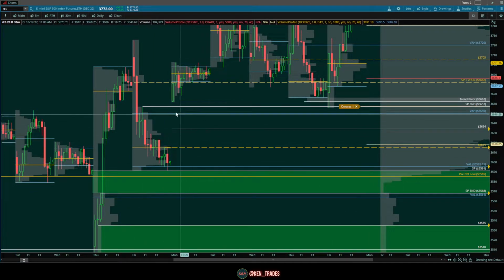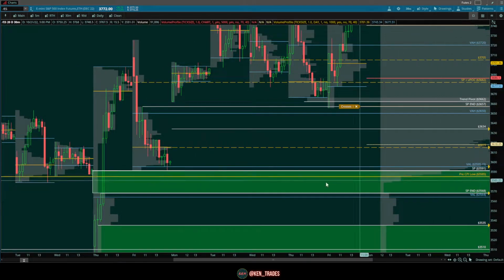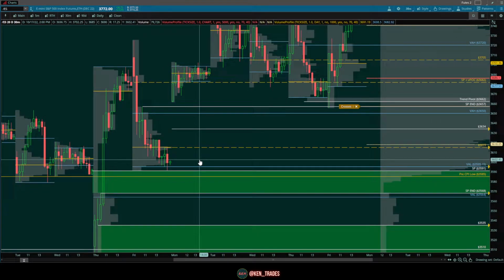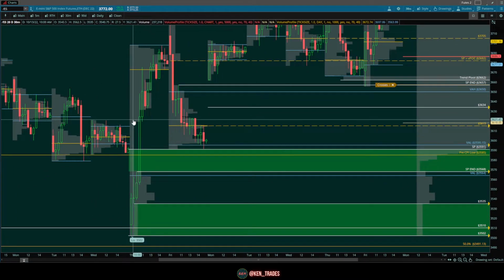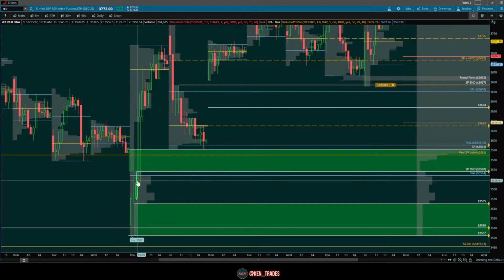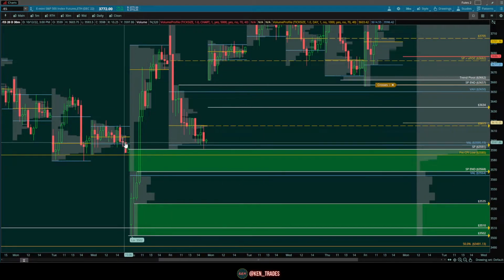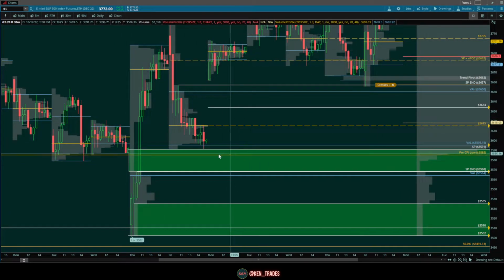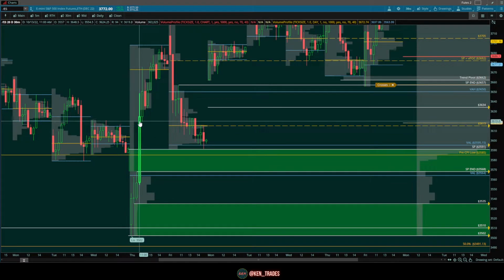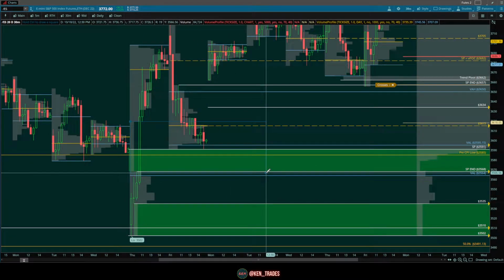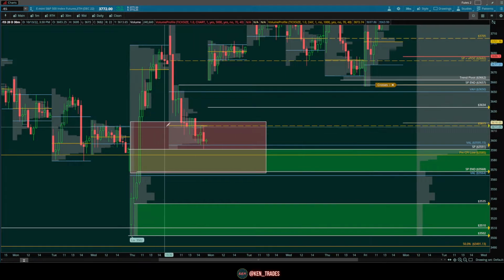Treat them as level 1, 2, 3, whether it's support or resistance. Play around. The other thing you see over here, the single print, is low volume, or people call it a fair value gap as well. The reason why I put this over here, I could have done the whole thing, but that doesn't make sense. From here, what is this?